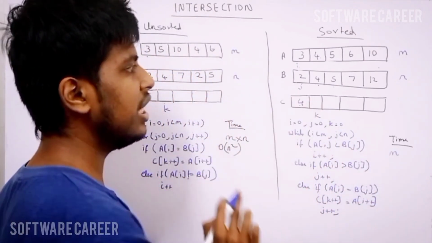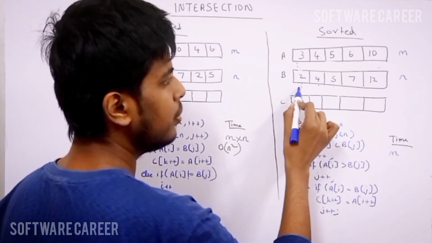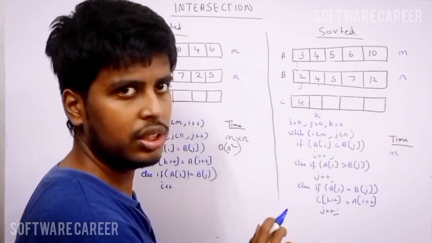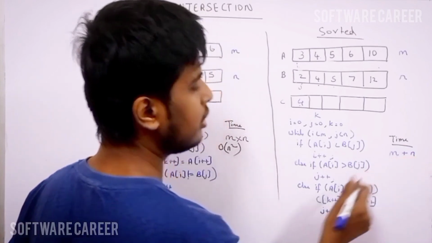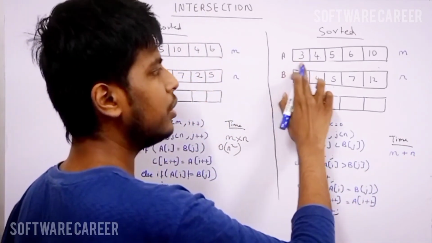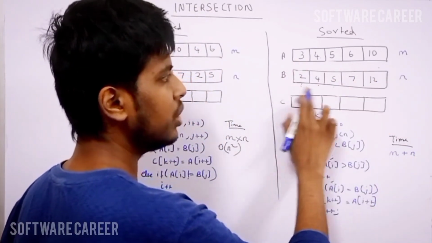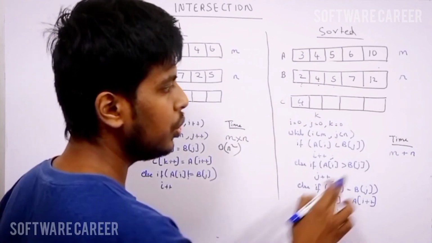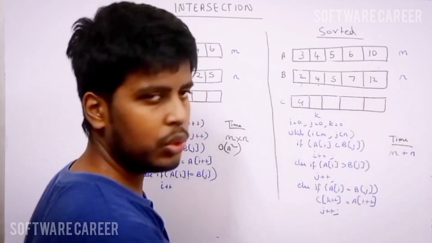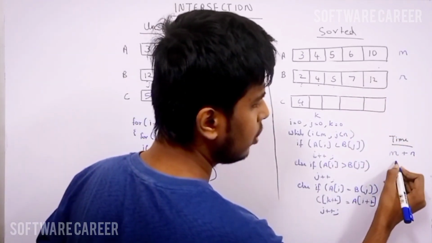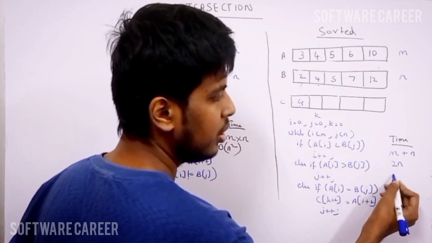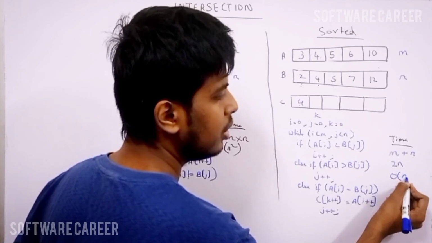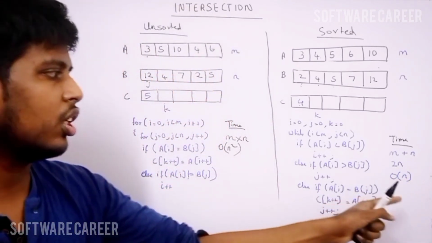Then j also took only one time, from 0 to n minus 1. So I am writing n. Now m plus n, because A took m times and B took n times to travel. m and n are equal in this case, so I am writing 2n. Now what is 2n? Highest order is 1. So O of n. This is the time complexity, order of n.